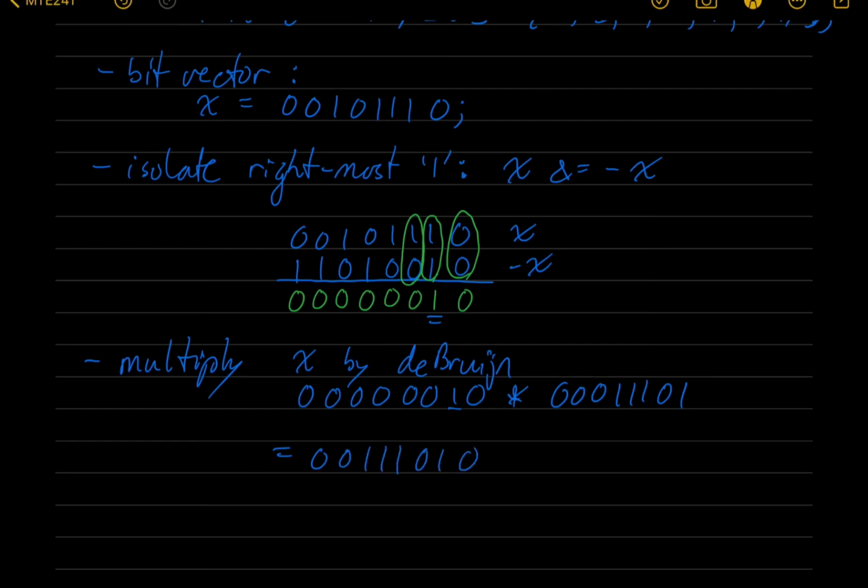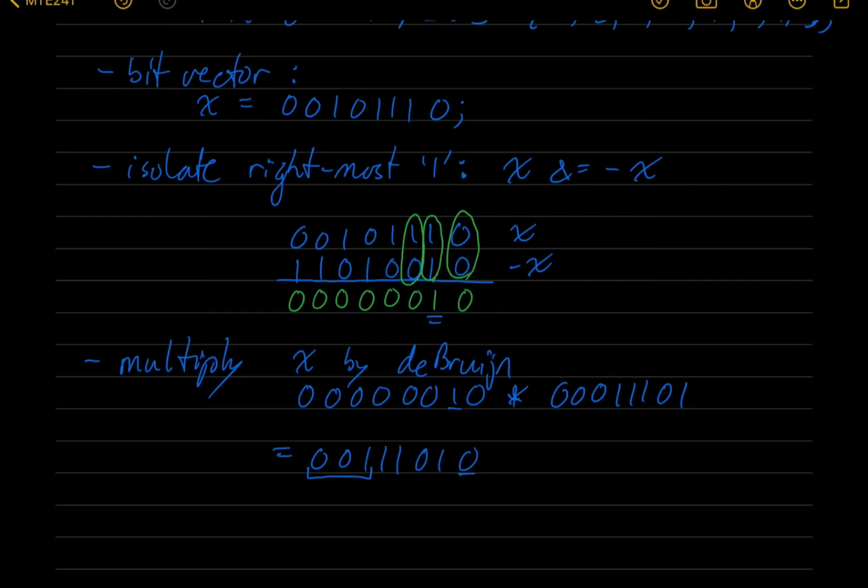So a 0 gets shifted into the rightmost position of the de Bruijn sequence, and the rest of it has been shifted over one spot. And now we can examine these three leftmost bits, and there will be a unique pattern there based on how many positions the de Bruijn sequence has been shifted, and that's going to tell us the index of the 1 in the bit vector that we had isolated.